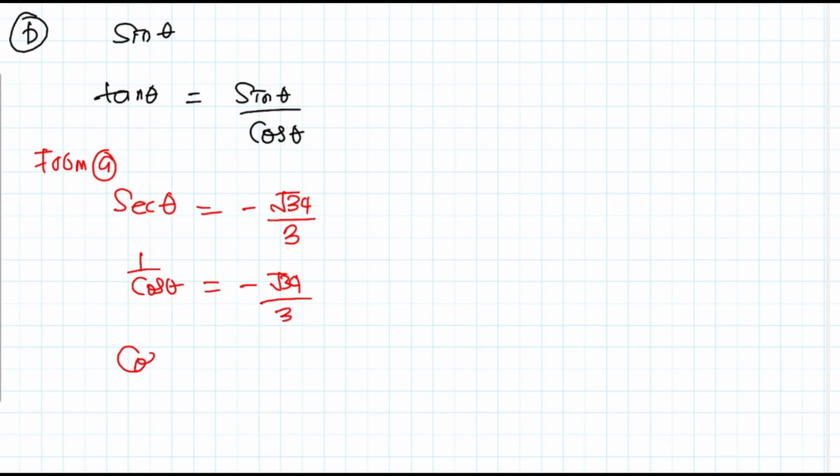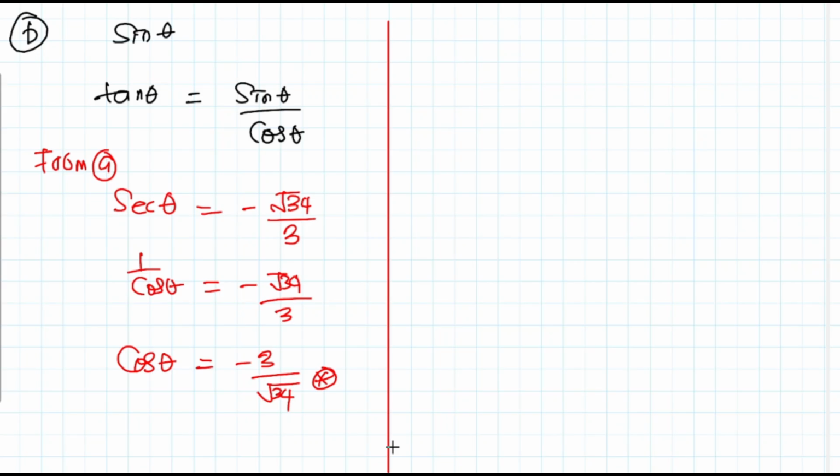If we turn it upside down, cos theta equals minus 3 all over root 34. Let's leave it for now. Let's not rationalize yet, but we're still going to rationalize that. Identities require a lot of thinking and manipulation. That's why it seems hard, but it's not hard. Just know how to manipulate.